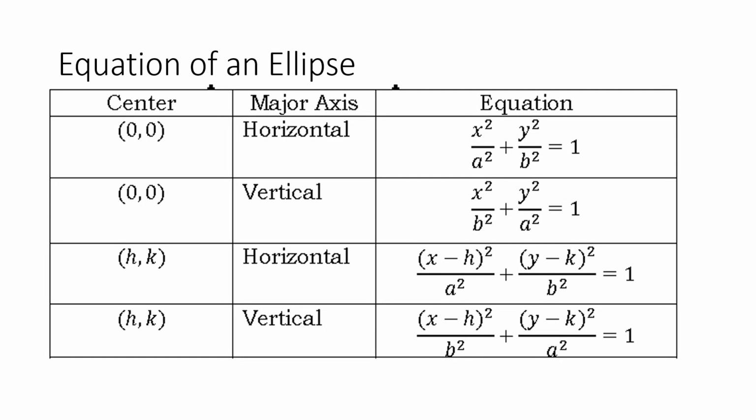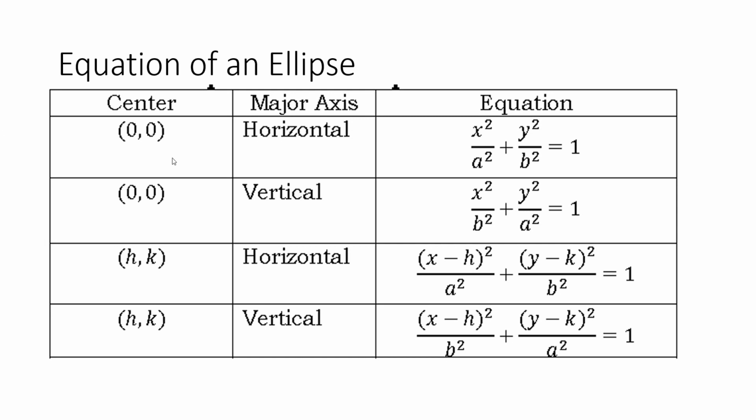So, as we can see here, when the center is at the origin and then the major axis is horizontal, meaning along the x-axis, okay, then we have the equation x squared over a squared plus y squared over b squared equals 1. Okay, so we have to remember na pag ang major axis is horizontal, si a must be the denominator of x.